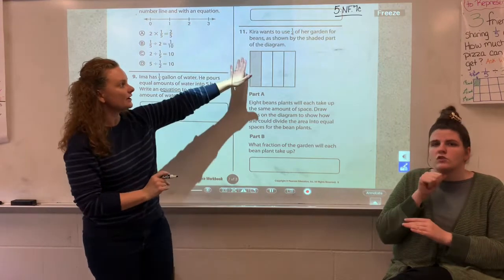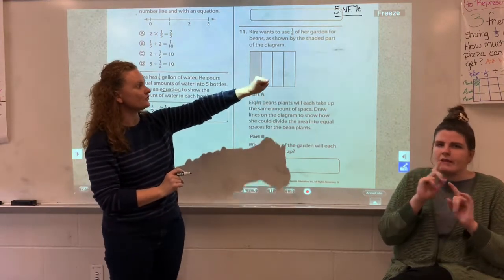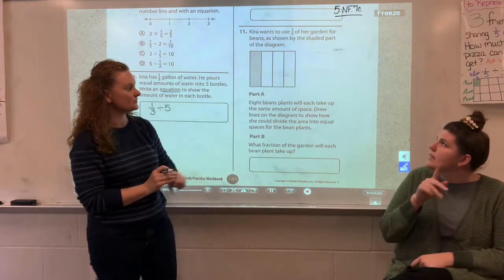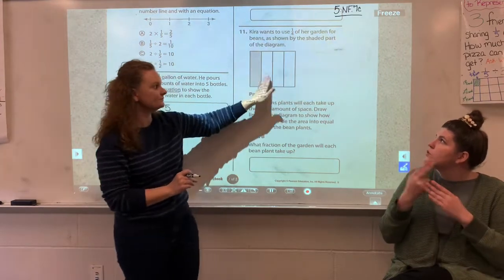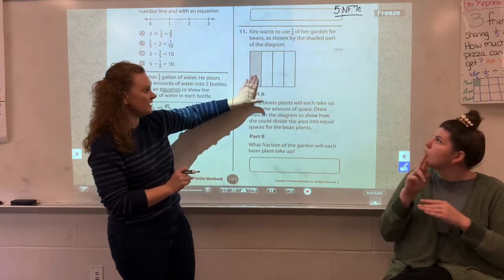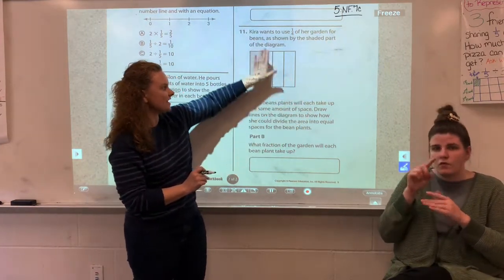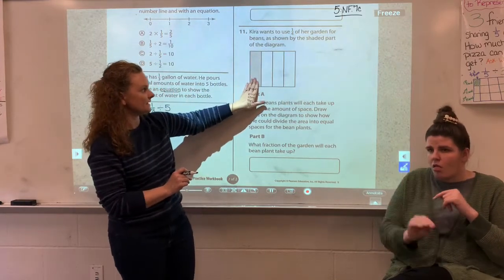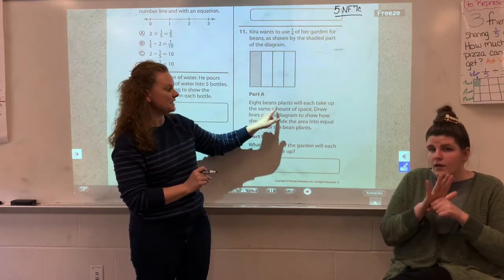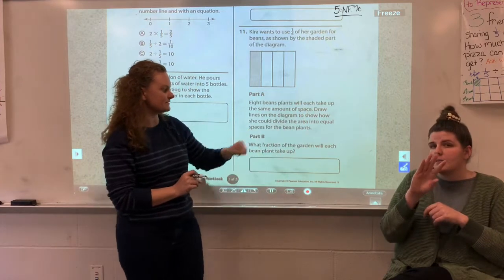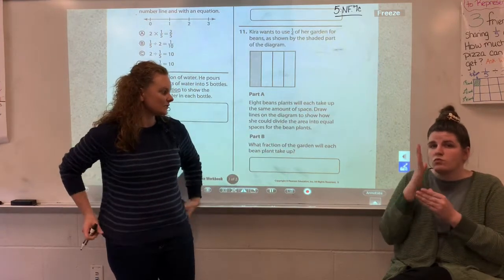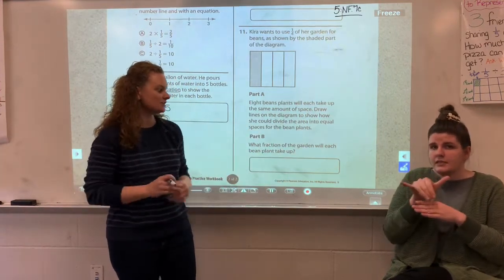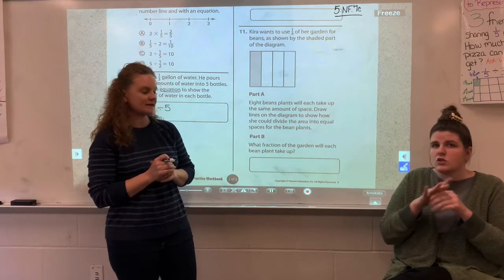Over here, Kira wants to use 1/4 of her garden for beans, as shown by the shaded part. So this whole thing is her garden. Shading in one of the 4 sections, this is where she has her beans. 8 bean plants will each take up the same amount of space. Draw the lines on the diagram to show how she can divide the area into equal spaces for bean plants.